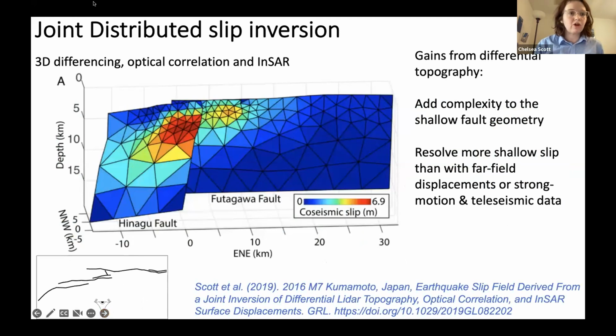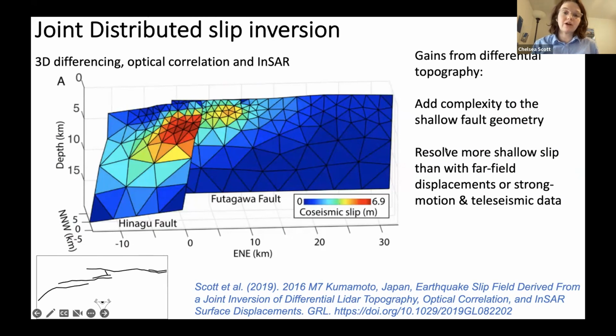Topographic differencing can also be used in joint inversions. So this is the result of a joint distributed slip inversion with the 3D topographic differencing, optical correlation, and InSAR. And so here we're looking head on at the fault, and you can see the amount of coseismic slip. And so what do we gain from using topographic differencing?